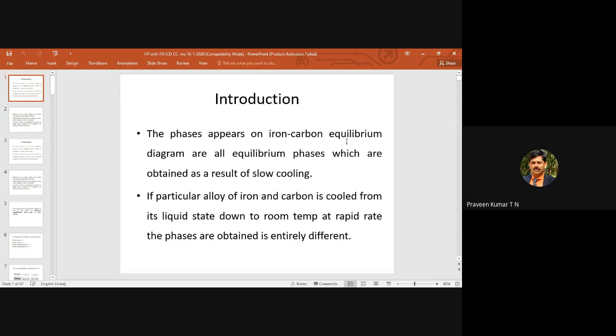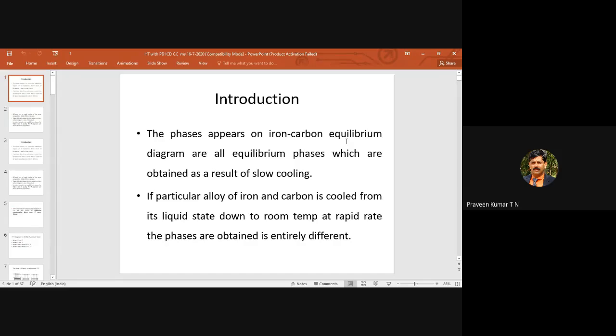Now, when you come to the non-equilibrium diagram or cooling curves, in a cooling curve you are cooling very fast, not very slowly. It is a non-equilibrium cooling or heating process. In most practical cases, it is a non-equilibrium process.